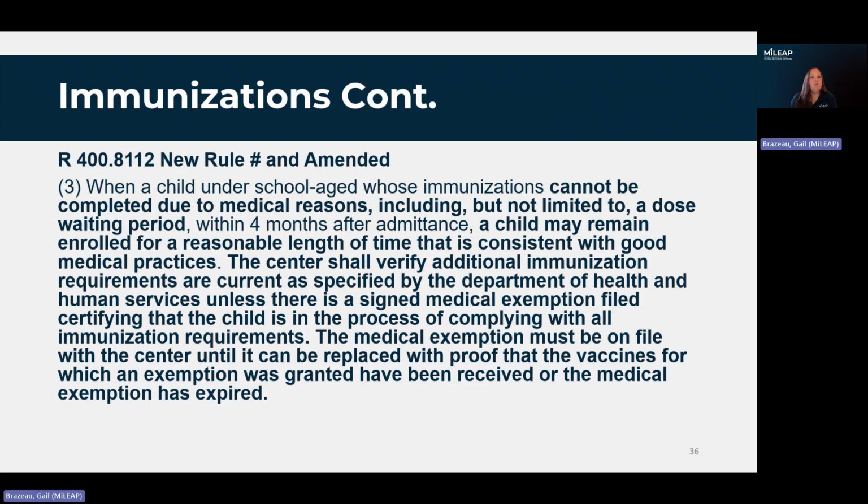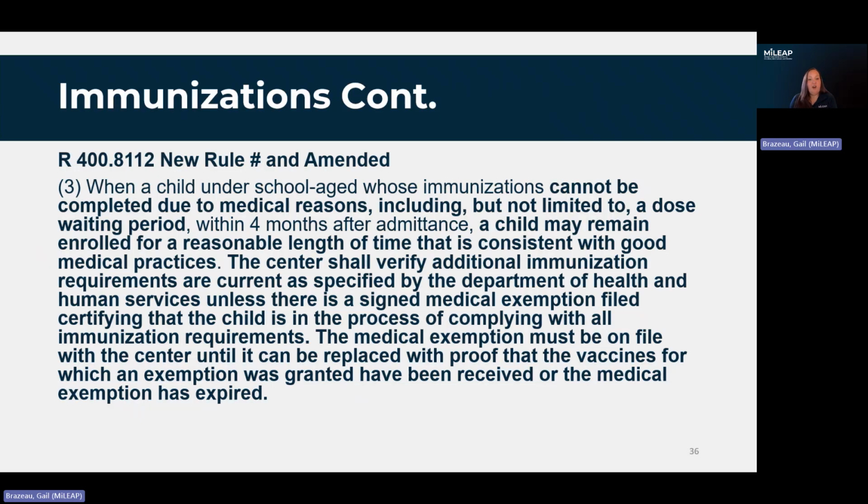And continuing on with Rule 8112, Subrule 3, when a child under school age whose immunizations cannot be completed due to medical reasons, including but not limited to a dose waiting period, within 4 months after admittance, a child may remain enrolled for a reasonable length of time that is consistent with good medical practices.